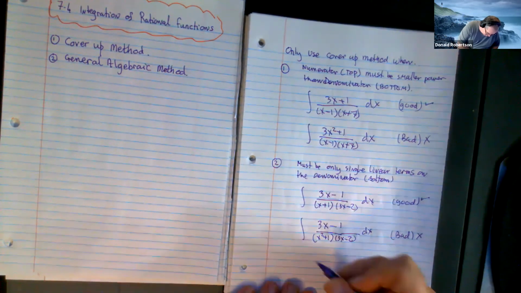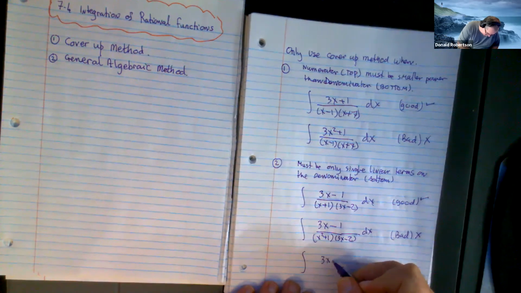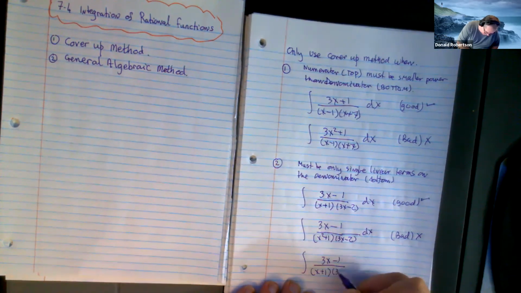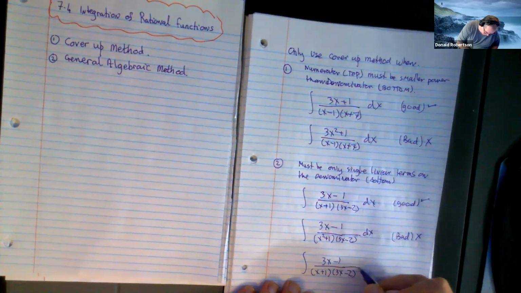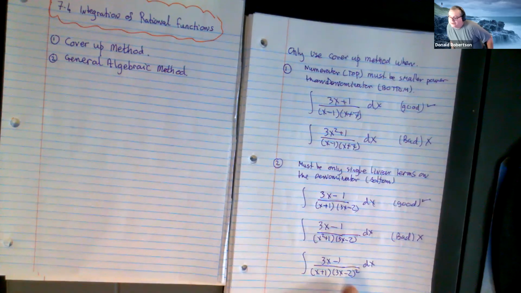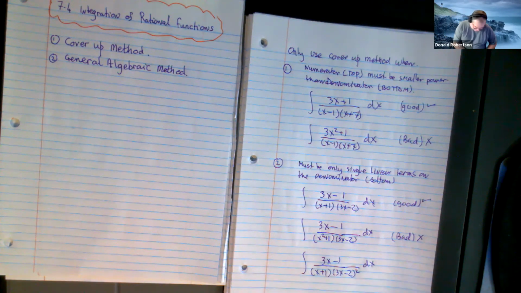Here's the other situation. You see that term there has a square next to it. It's not 3x minus 2 on its own, right? It's not a single linear term. Isn't it a quadratic term, right? It's got a square attached to it. That's bad as well.